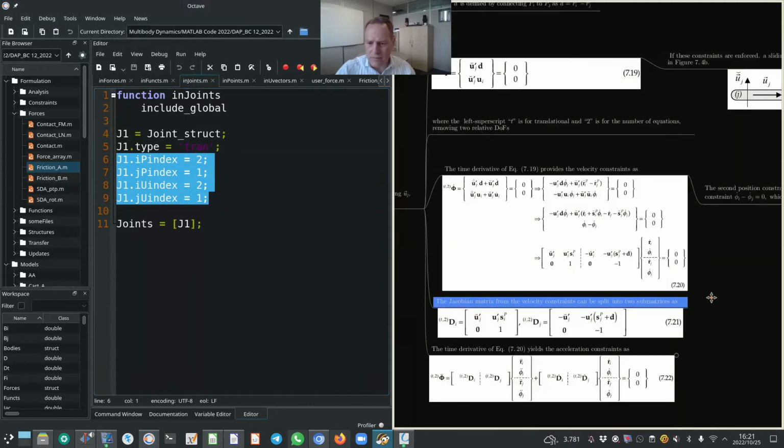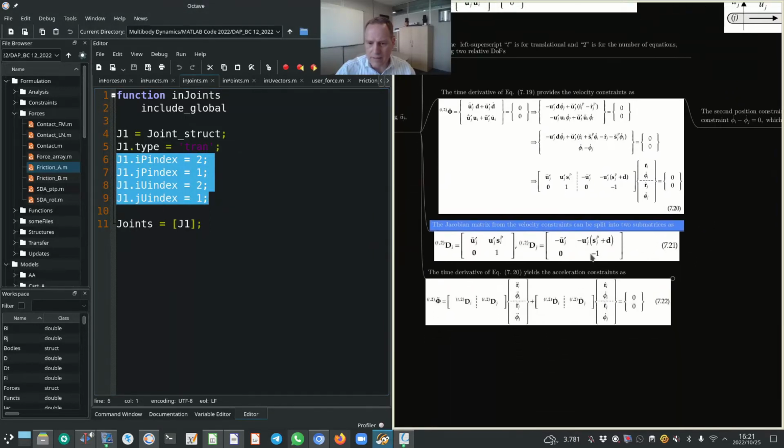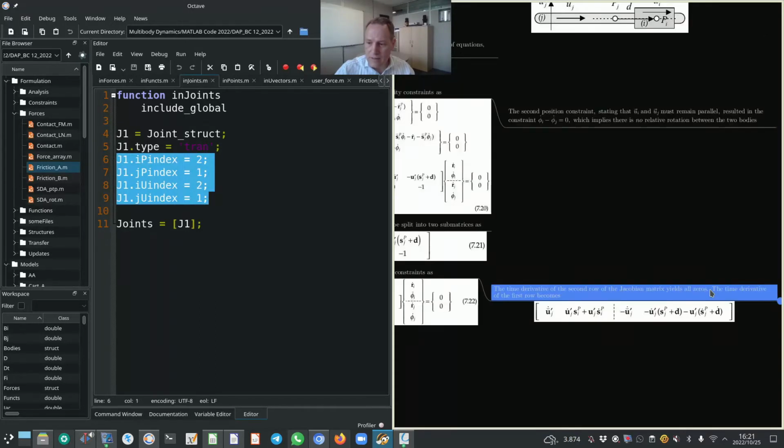Now, just to complete our discussion here, the time derivative, because that's the other thing for the equations of motion, we also need the right hand side of the acceleration equations. In order to do that we need to take the time derivative of equation 720, that's shown here in equation 722. The time derivative of the second row of the Jacobian matrix yields all zeros.